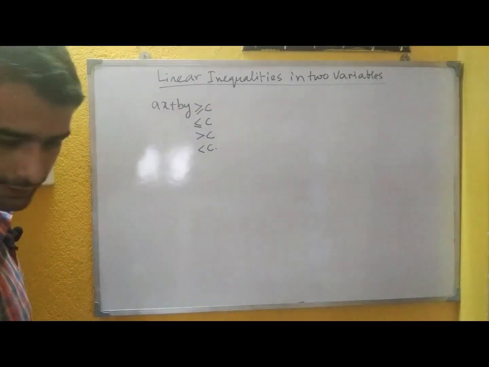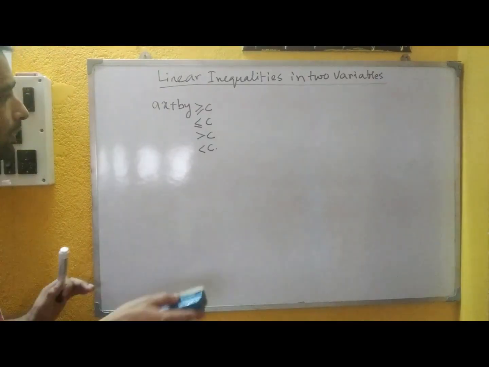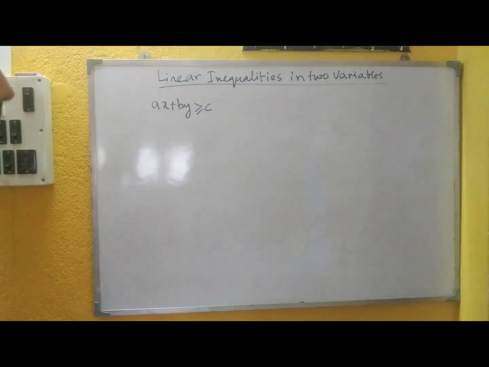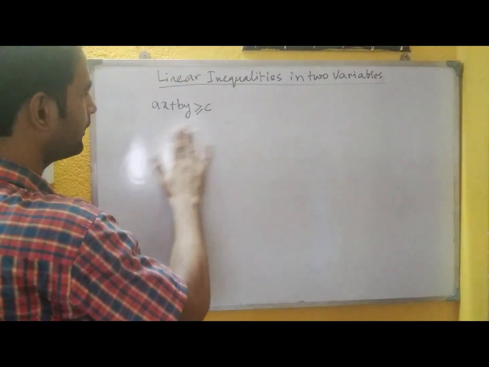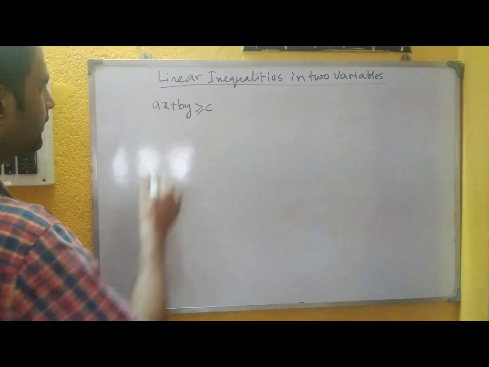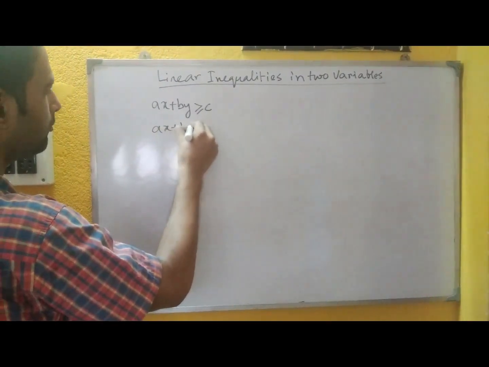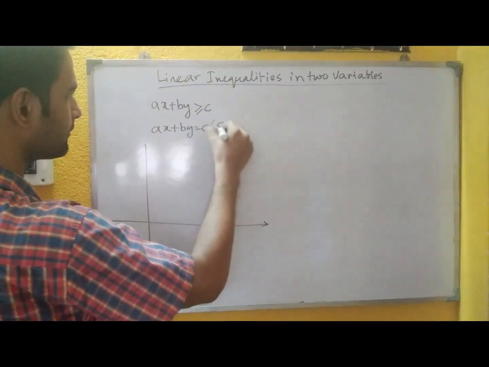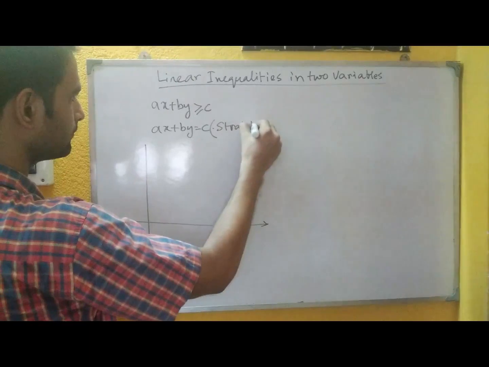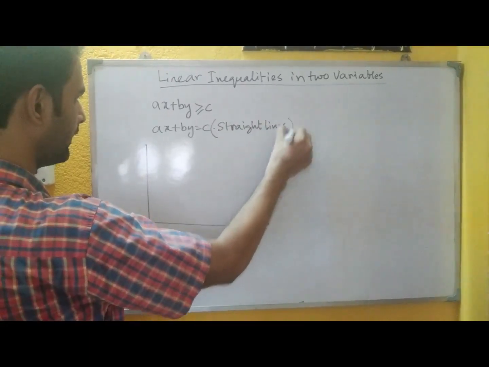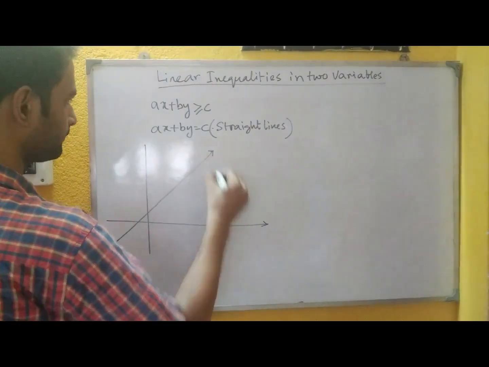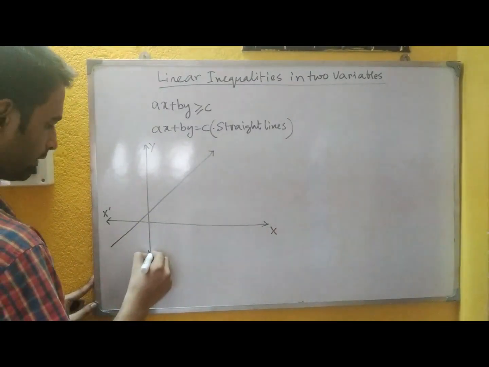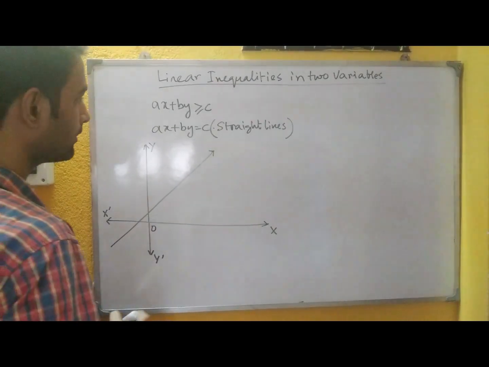First of all, let us see what the solution set should be in this regard. If we consider the equality ax plus by equal to c, then we have already seen these are straight lines, and they look like this. This is the x-axis, this is the y-axis, x dash and y dash, and this is the origin.